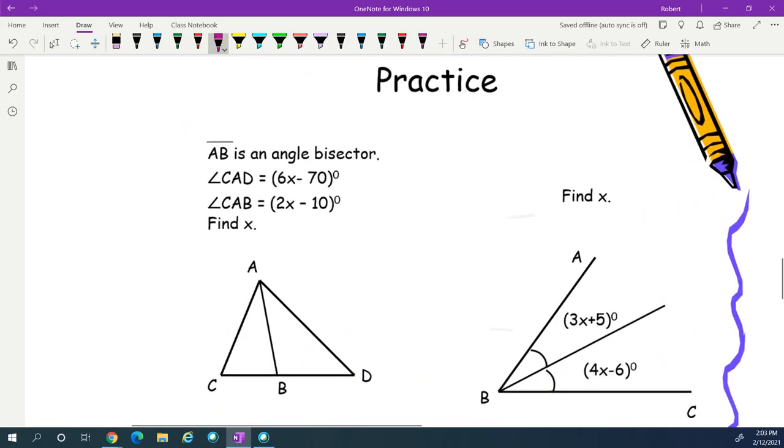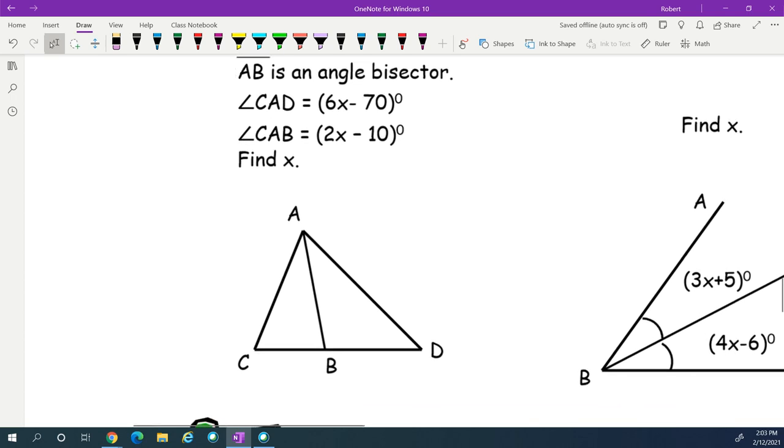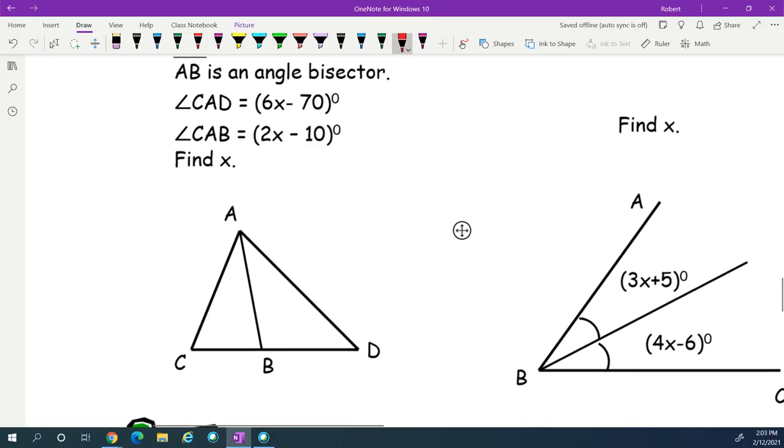Let's take a look. AB is an angle bisector. Let's see what we're given, just the way we used to at the beginning of the year. Angle CAD, and angle CAB.